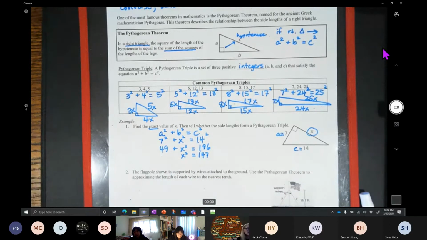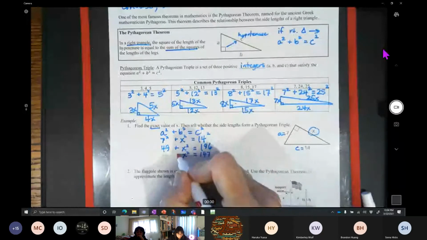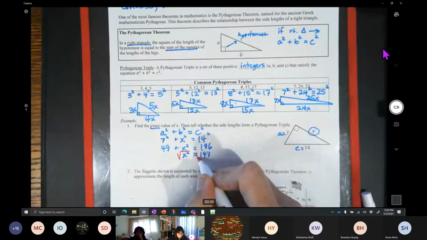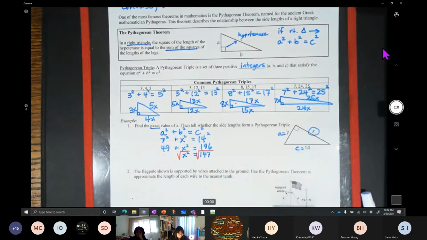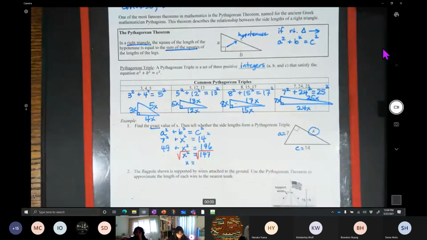So if you don't remember this, to undo x squared, do the inverse operation. I need to take the square root of both sides, because the square root of x squared is x. And then here's the thing, root 147, I want an exact value.